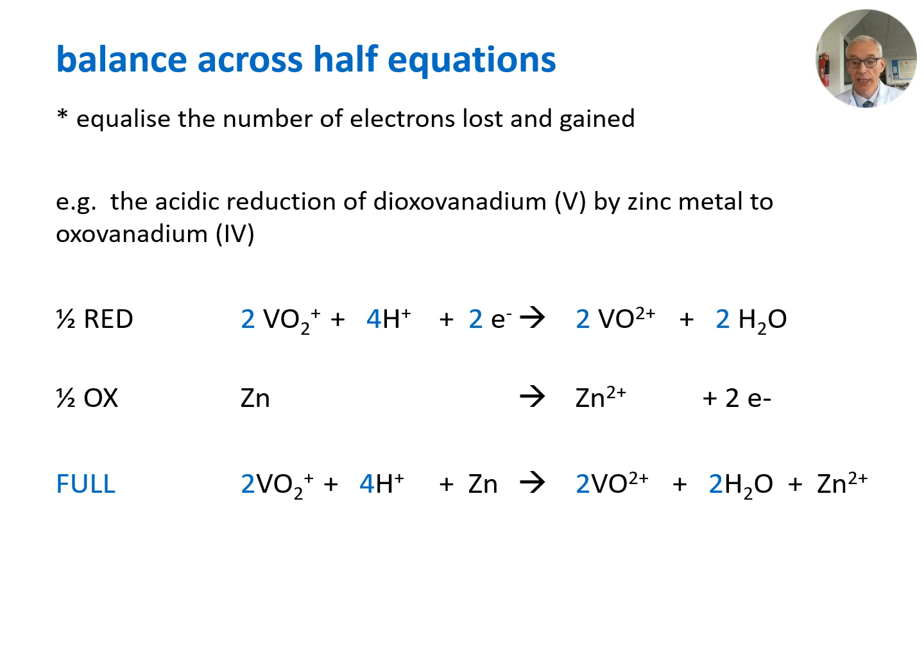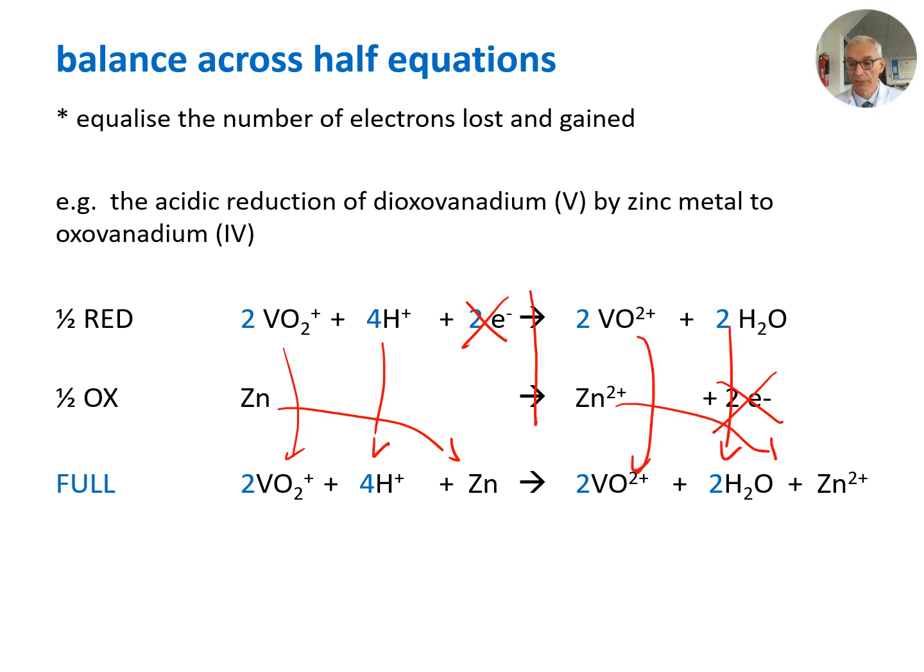Let's just make this clear. Well, if I look at everything that's on the reactant side, well, there we go. All of these are on the reactant side, but the electrons are cancelled out because 2 electrons appear as products. So we just list everything that remains on the product side to give us our full balanced equation, achieved by writing 2 half equations for the reduction and for the oxidation, and then multiplying through so the numbers of electrons are the same.